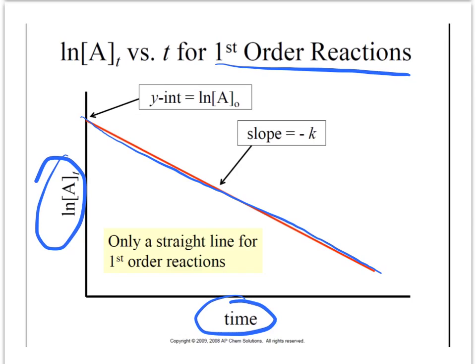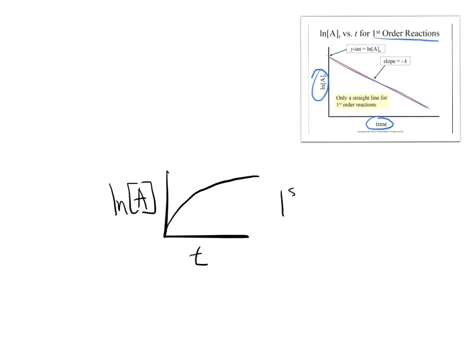A zero order reaction for natural log versus time will also not give you a straight line. So if you've got the natural log of the concentration versus time, and you get a curved line like that, that would tell you this is not first order.